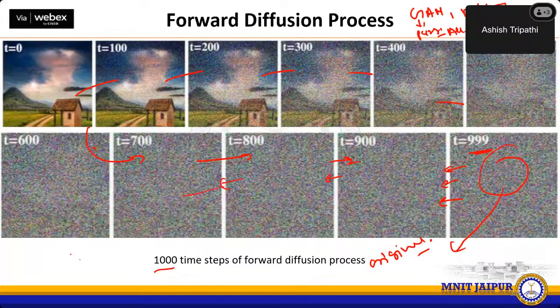So for each image, I have to perform the same task 1,000 times. That is not the case in the generative adversarial network. But as a matter of fact, in the majority of applications, diffusion models are able to outperform GAN models, that is, generative adversarial networks. Why is it so? Because we are giving some kind of input hint to the diffusion models. So this is the case.